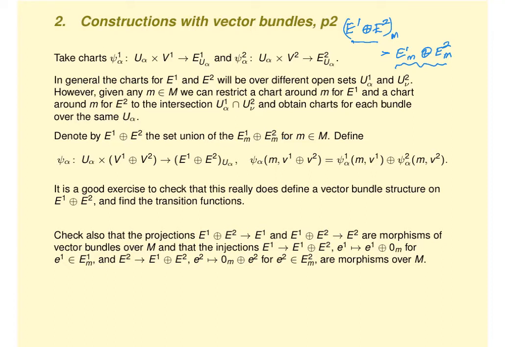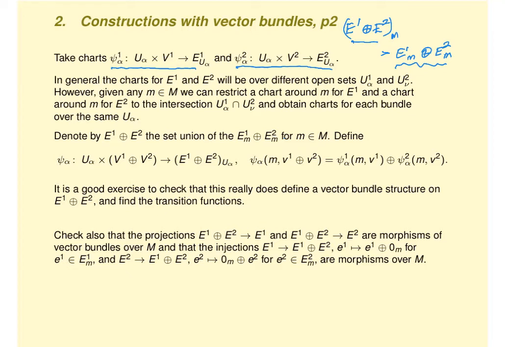So I take charts for E1, and I take charts for E2. And of course, in general, if I take a system of charts for two different vector bundles, even on the same base, then the open sets U alpha will be different in one bundle from the other.